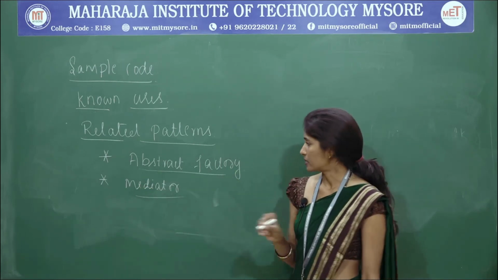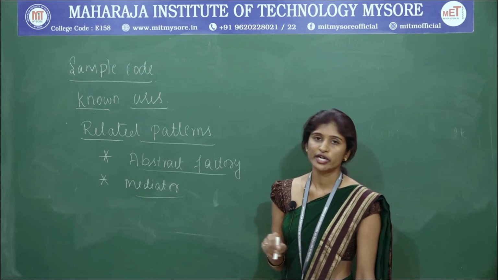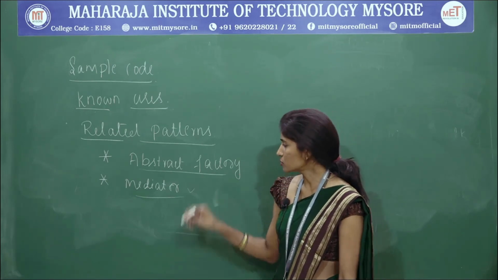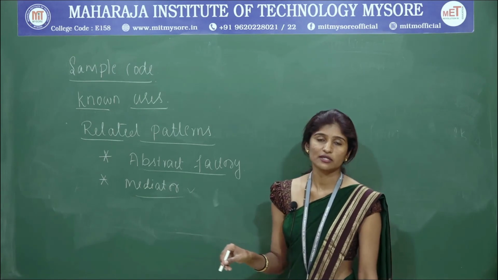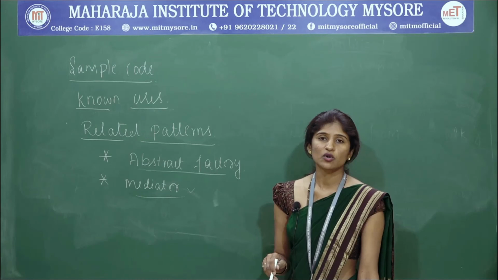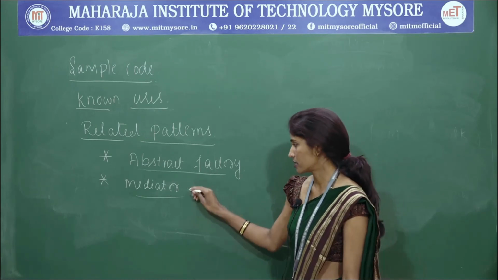The abstract factory contains a fine tune of all the classes, and the mediator, the name itself tells us, is going to be the person in between two, right? You will be using this general meaning.